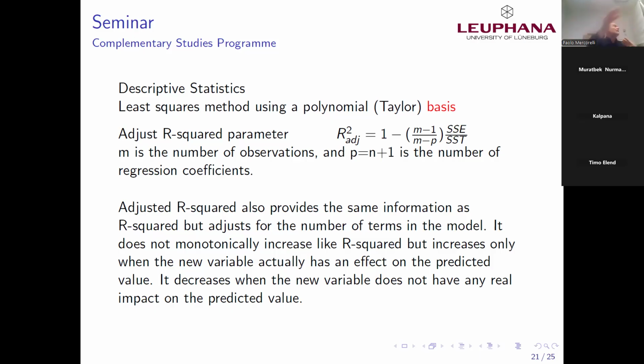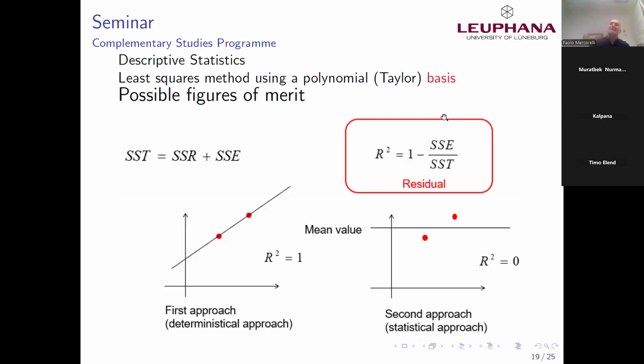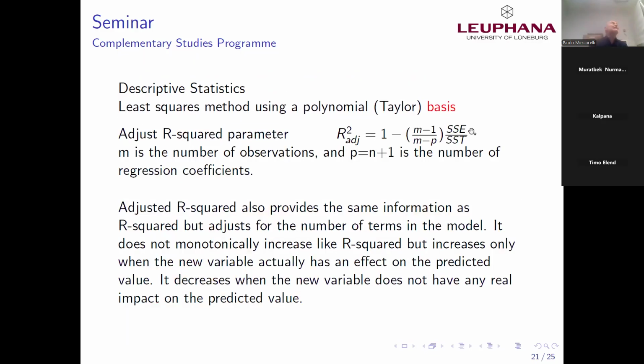I can combine polynomial and exponential function. This is possible. Of course, the problem becomes not convex. Here, increasing n, as I told you, I didn't demonstrate, but SSE, nevertheless, we have seen here, SSE will reduce. When I meet all points, it will be 0.